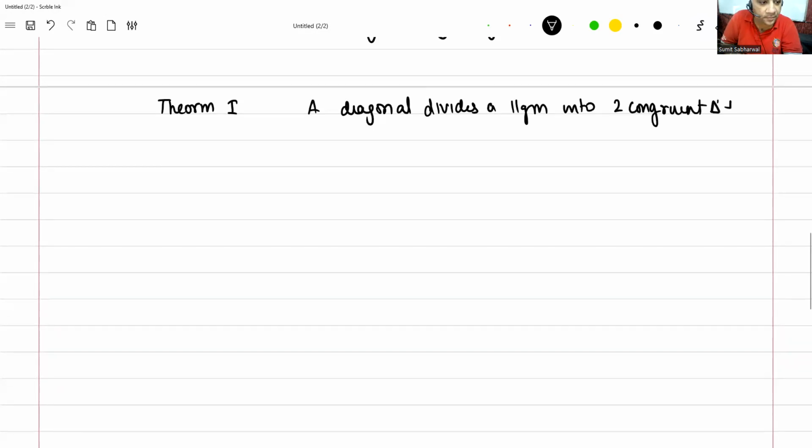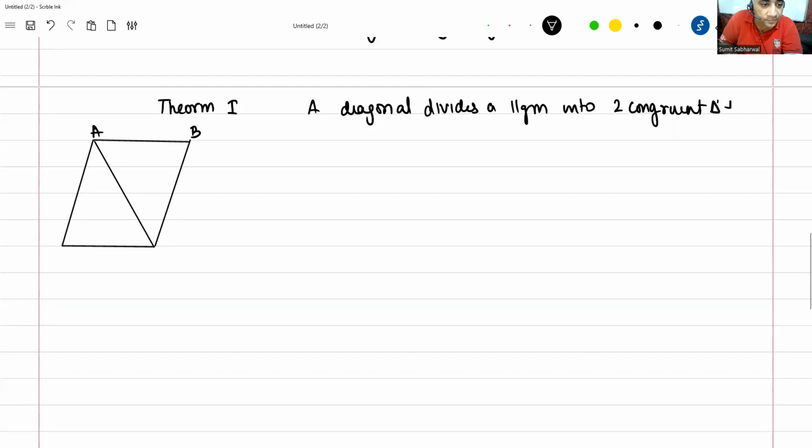What does it mean? Let ABCD be a parallelogram. Let us construct a parallelogram first. It says the diagonal divides a parallelogram into two congruent triangles.